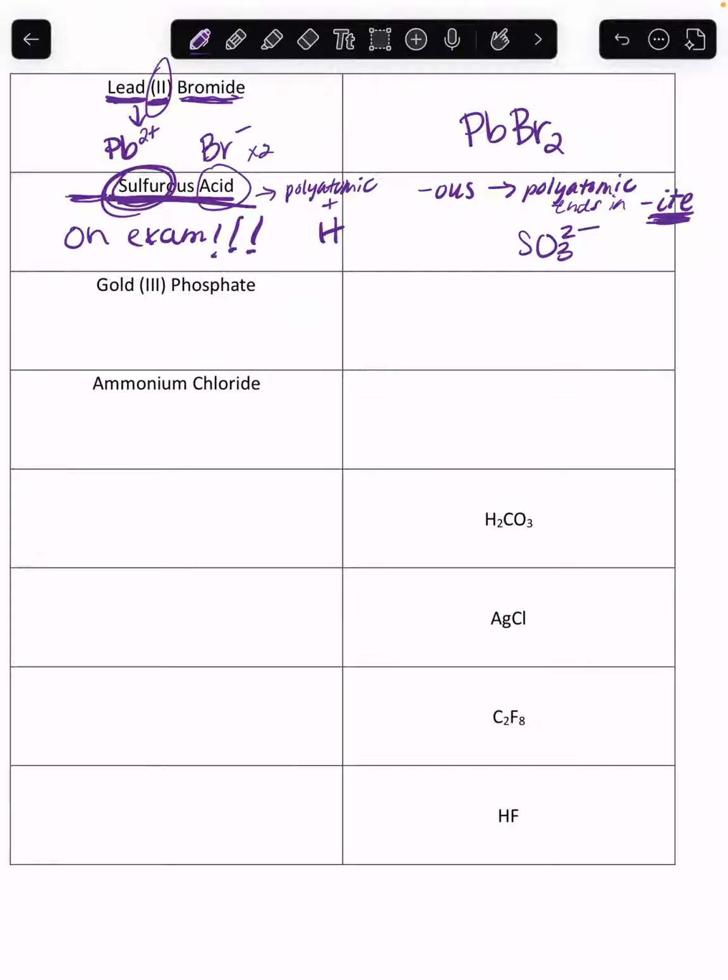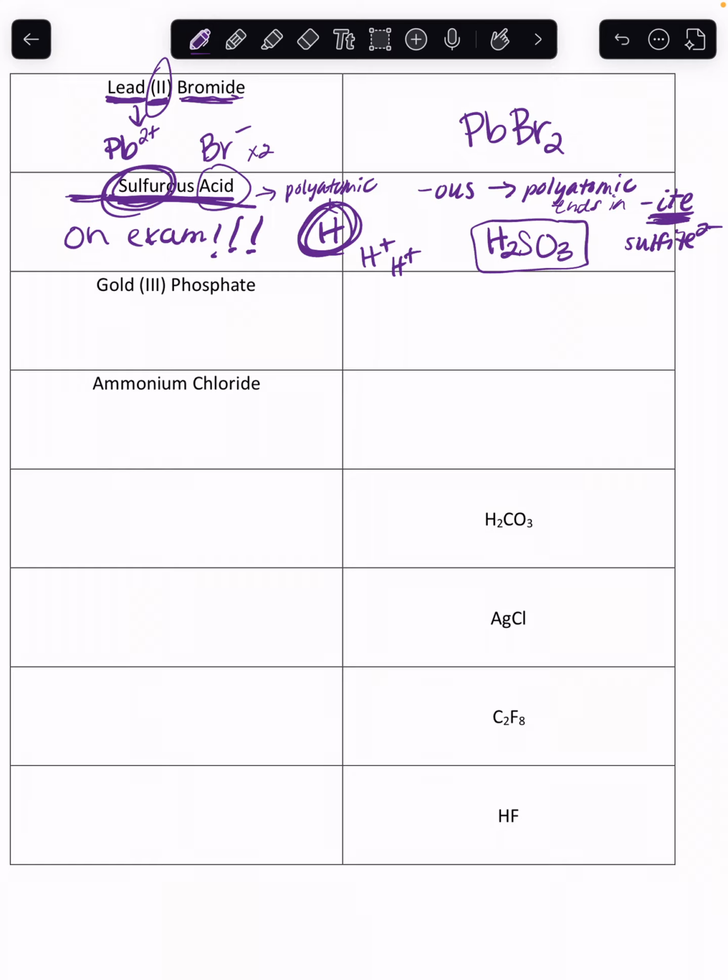Okay, awesome. So we have our main component. Now the trick here is I don't actually need the 2- in the formula. Sulfite has a 2- charge, and I need to decide how many hydrogens I need to balance it out. Each hydrogen is +1. So I'm going to need 2. So it's going to be H2SO3. That is sulfurous acid.